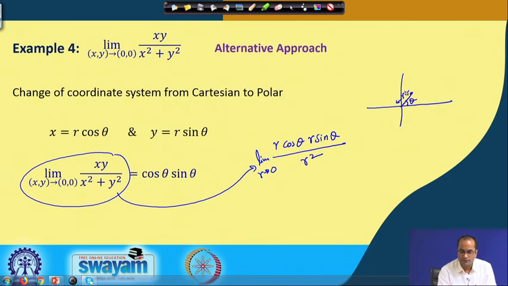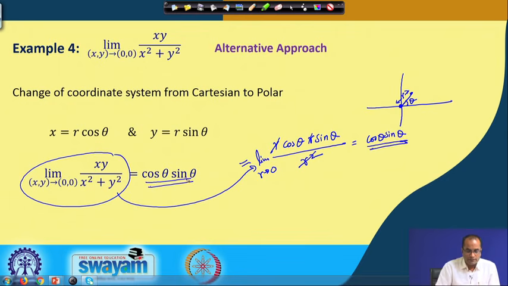So, independent of theta, if we take r to 0 we will approach the origin. So, this limit will be equal to the limit as r goes to 0 of r cos theta r sin theta over r square, and this r gets cancelled. So, we get cos theta and sin theta.